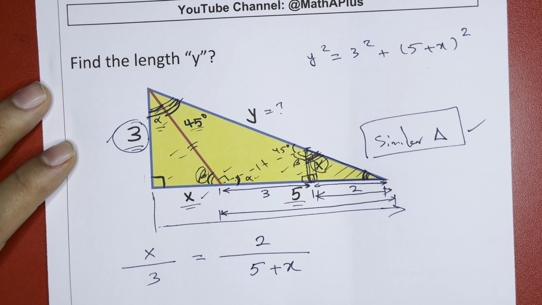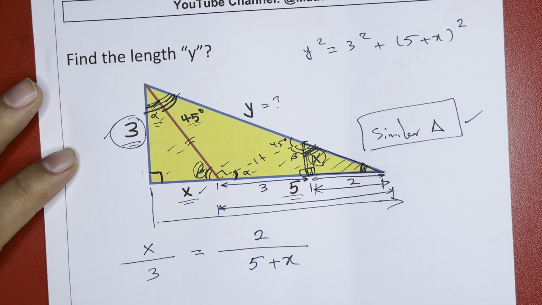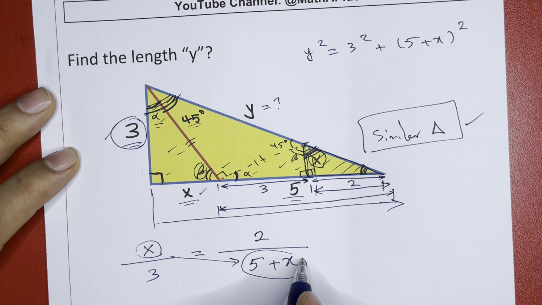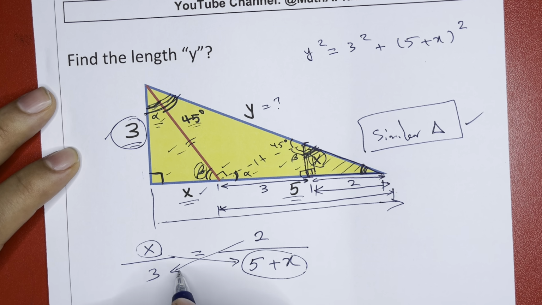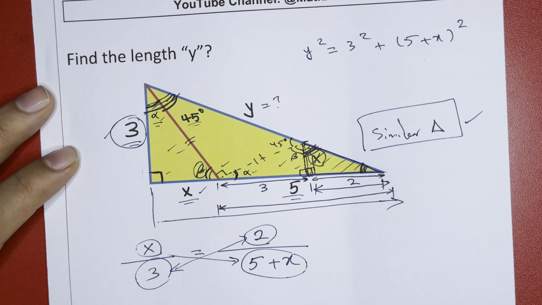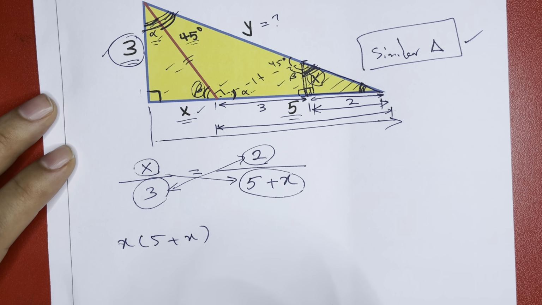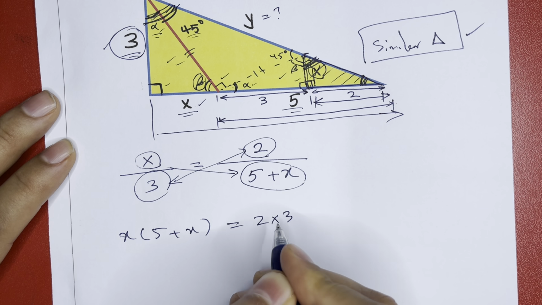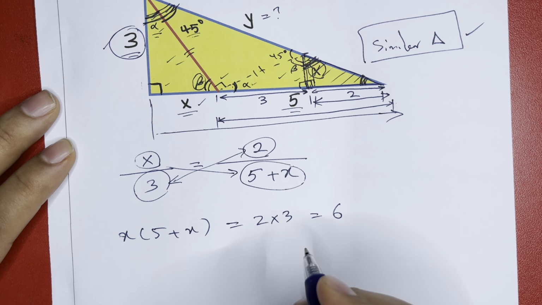Okay, now from this relation we can easily find x. x multiplied by 5 plus x is going to be 2 multiplied by 3. So x times 5 plus x is 2 times 3, which is 6.